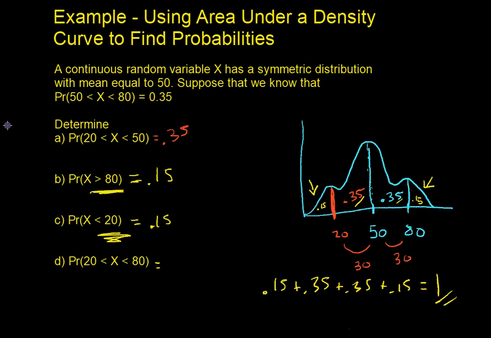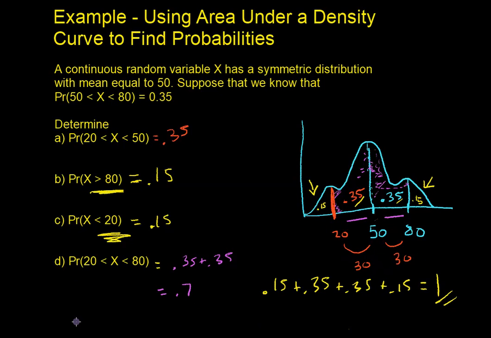Last question: what's the probability x is between 20 and 80? That's between 20 and all the way over until you get to 80. So we need to add up the areas for both these sections, 0.35 and 0.35. So that is 0.7.